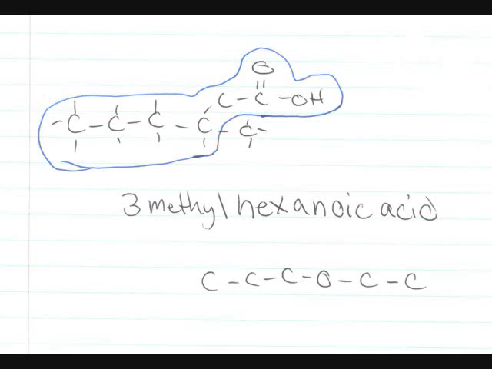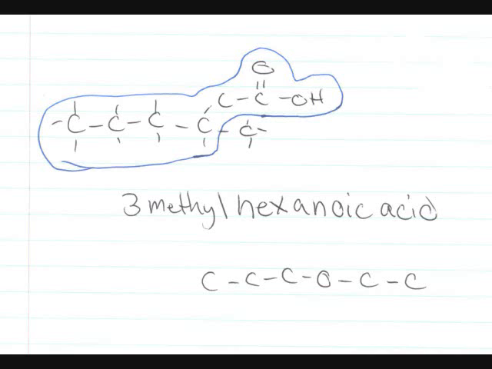Okay. So what's our prefix for a six-carbon chain? Hex. So carboxylic acid, how do we do the carboxylic acids? Oic. So hexanoic acid. And what's on our hexanoic acid?